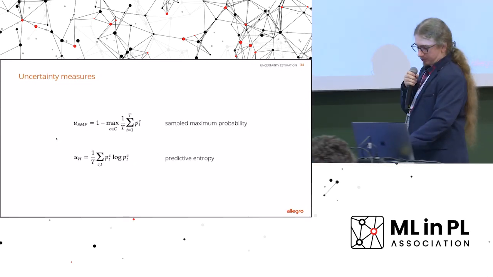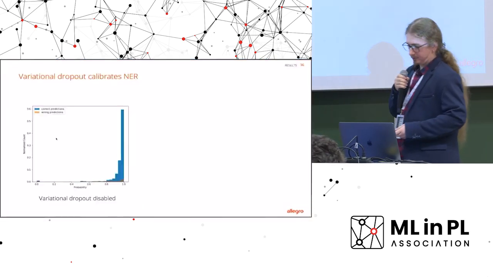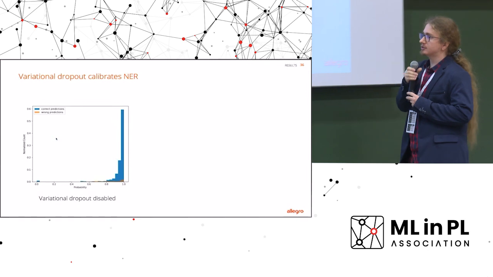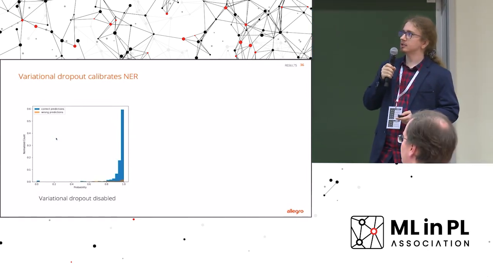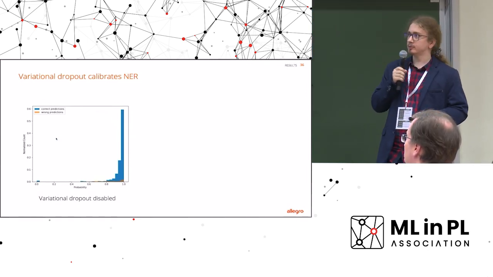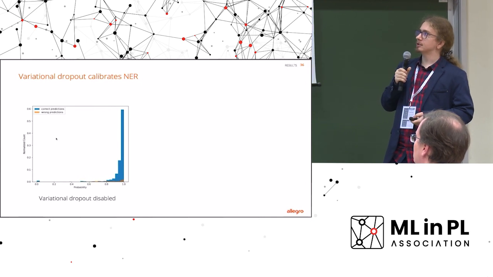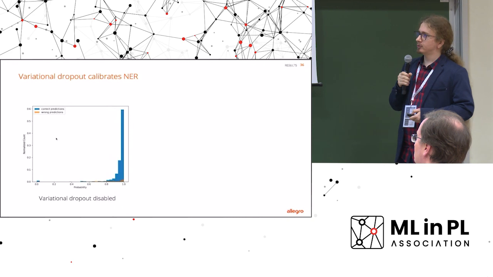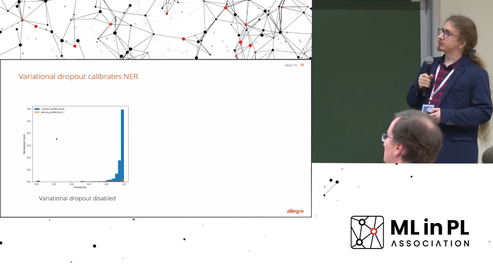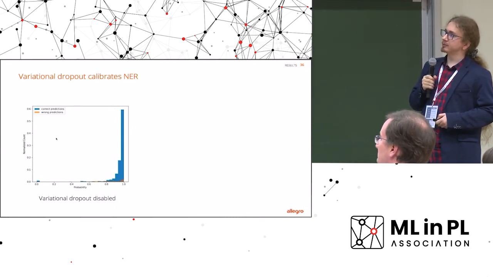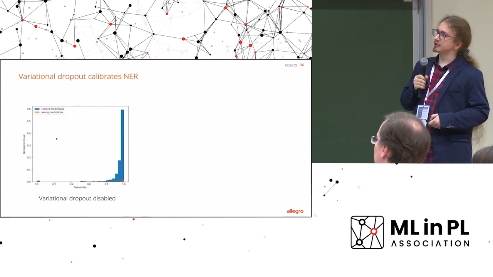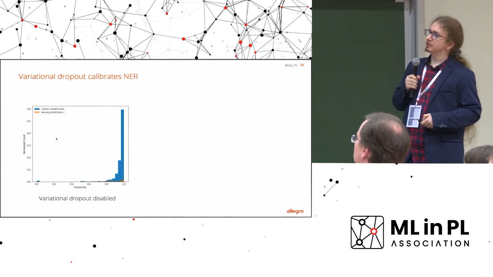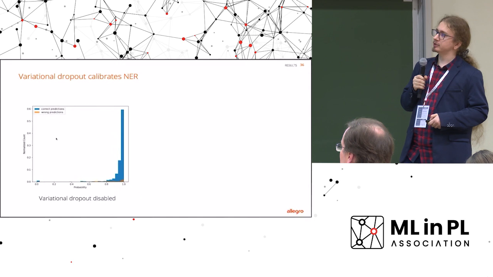So now moving on to the results. First of all, we found that just by introducing variational dropout, we were able to calibrate our NER model. Here in this plot, you can see a histogram that counts how many examples fall into given probability buckets.